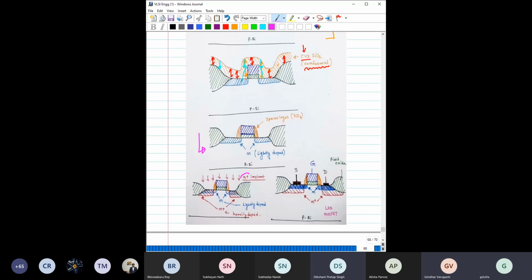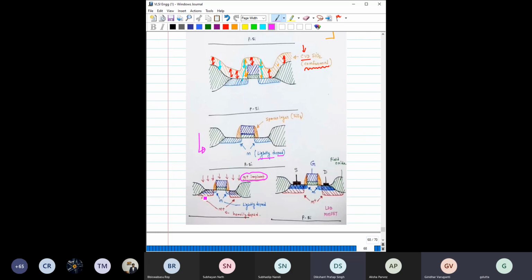Now you do the N plus implant. Earlier when we doped these two regions, we doped them lightly. Now we are doping heavily, but this dopant will be prevented by the thick oxide on this side, and by relatively thin oxide on the other side.